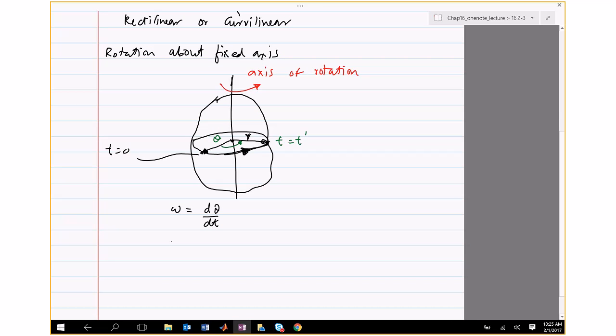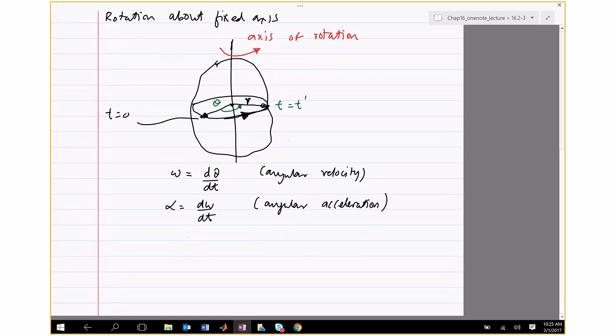Similarly, alpha, so this is angular velocity, and similarly alpha is the rate of change of angular velocity, or d omega dt. That is called the angular acceleration. So this has a very similar form like linear acceleration and linear velocity.